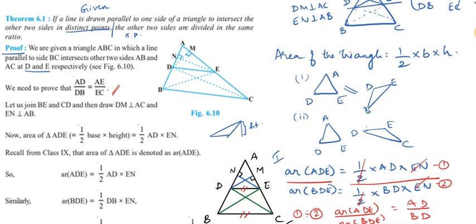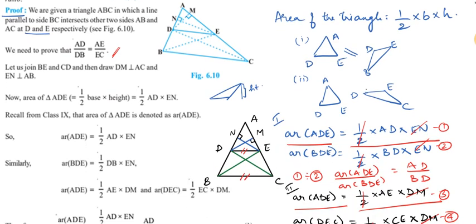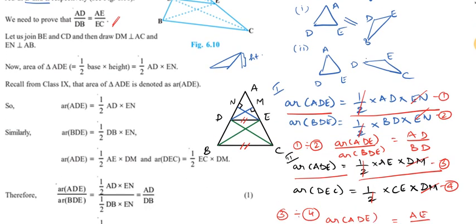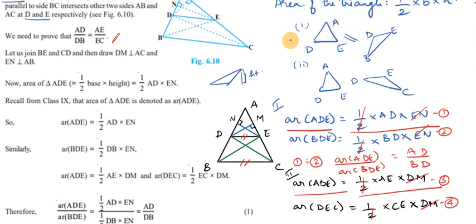So once again we'll revise the proof. In this proof we are considering the triangles in this fashion. If you remember these two, then you can remember the entire case. So this is the first case, this is the second case. First case ADE, that is this triangle, and then this triangle you are taking. Next one, you are going to consider this entire triangle and this side.